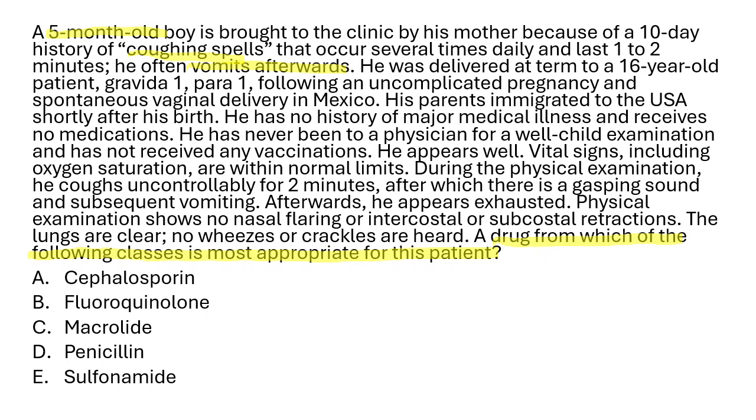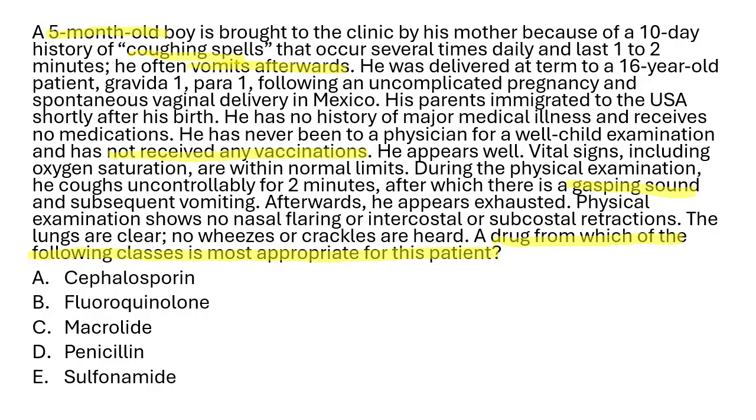No major illnesses, has not received any vaccines, so he's unvaccinated, and coughing uncontrollably for 2 minutes. So those are the coughing spells, and then the gasping sound and the vomiting, which they already told us about. In between, it sounds like he looks pretty good. No flaring, no retractions, anything like that. Lungs are clear. So what are we going to treat this kid with?